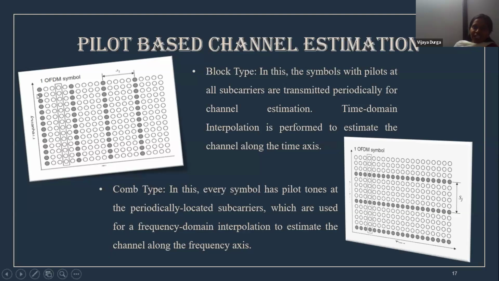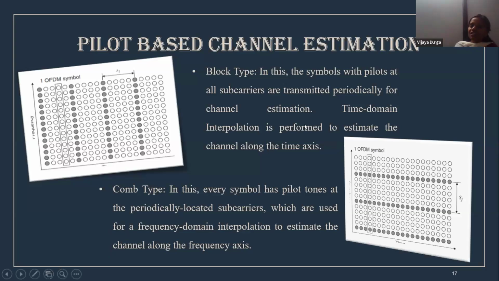After that, we need to estimate the channel at the data carriers, because these symbols carry the data and those carry the pilots. You can estimate at these carriers by using interpolation techniques: bilinear interpolation, spline interpolation, low pass interpolation.